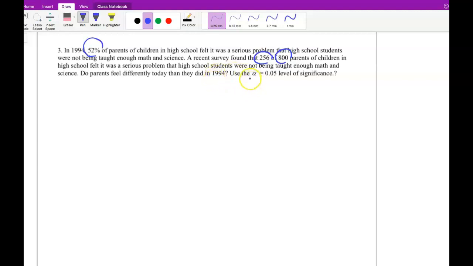This part here again is given as 5%. That is alpha, the level of significance. Okay, so I'm writing what was given here first. So n is 800.